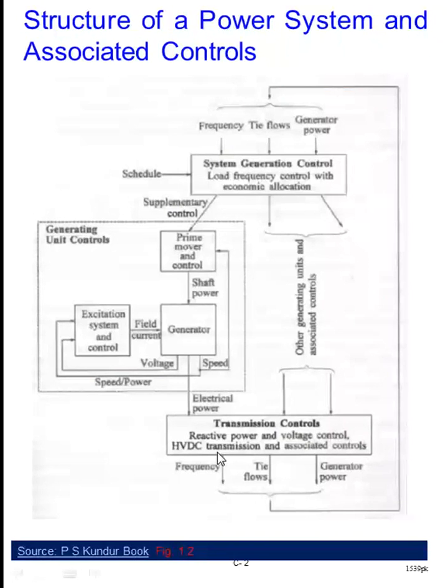Now at the transmission control, because we want the system to be interconnected, right? We want synchronism to be maintained in this interconnected system. So we do not want frequency instability. So we have to use the frequency signal as a feedback here.